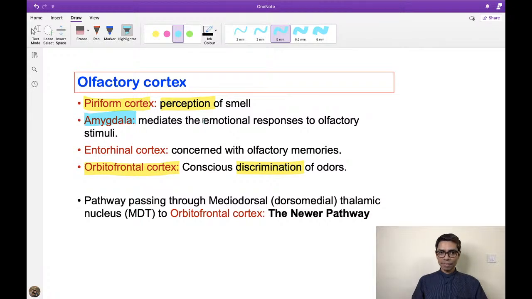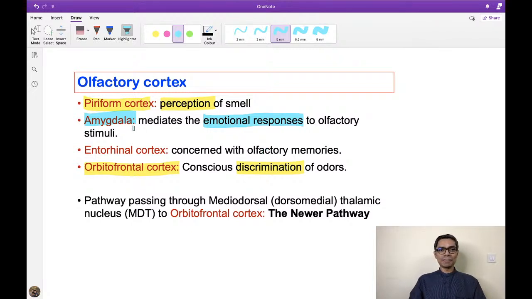What type of olfactory perception? That is for the emotional response to olfactory stimuli. You know that odor and smell are attached to emotions, and that's why perfume companies are making big business because of this emotional attachment with olfaction, right? And which part of the brain is responsible for this emotional component?